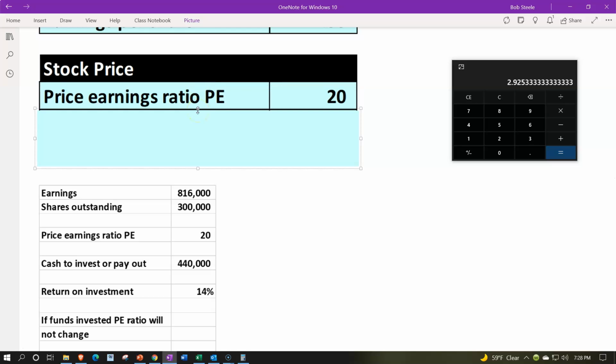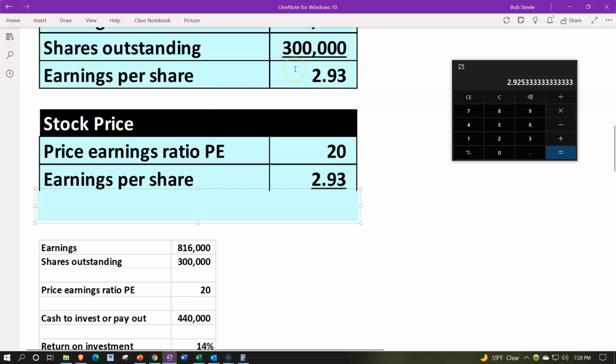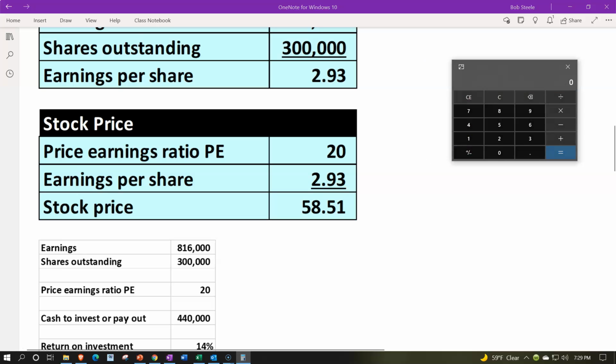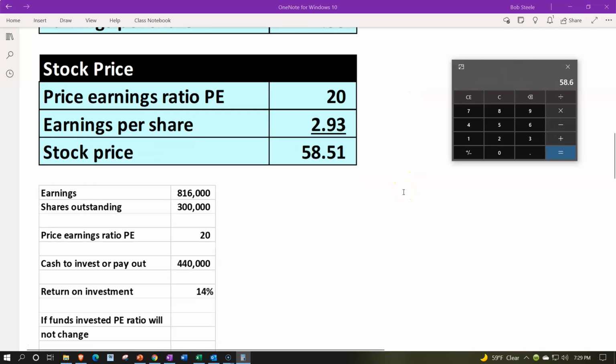So we have the price earnings ratio at 20, and earnings per share that we calculated at 2.93. Now remember that the price earnings ratio takes into consideration to some degree what the market thinks, given that the price is driven by the market. So we've got 20 times 2.93, which is 58.51. That's the price if we were to invest, given this information.